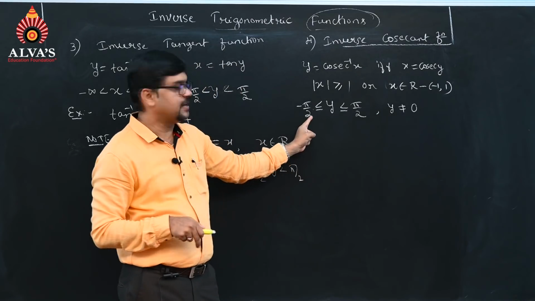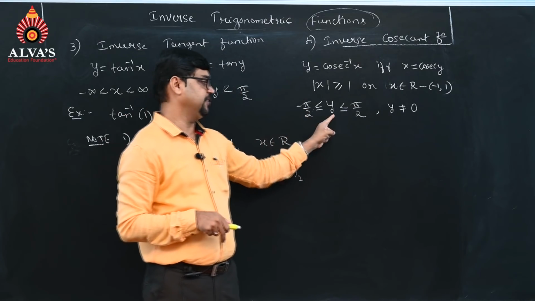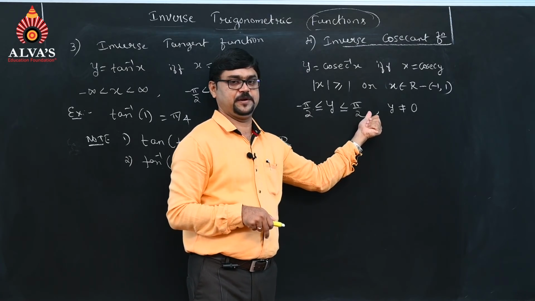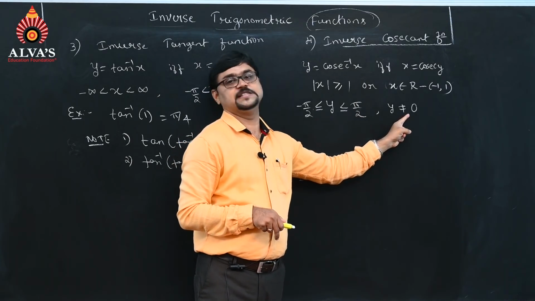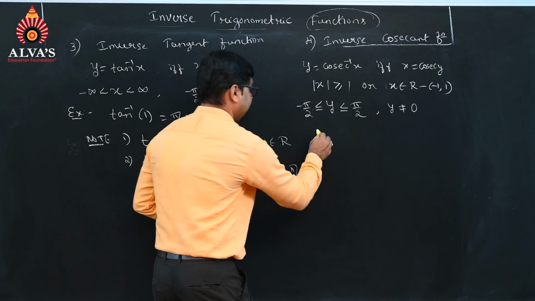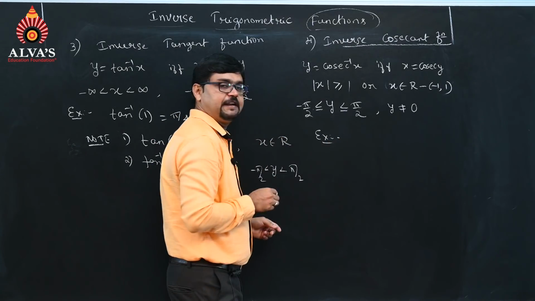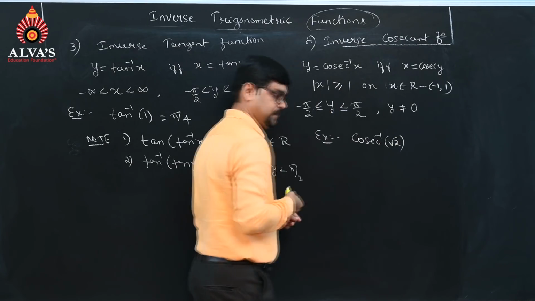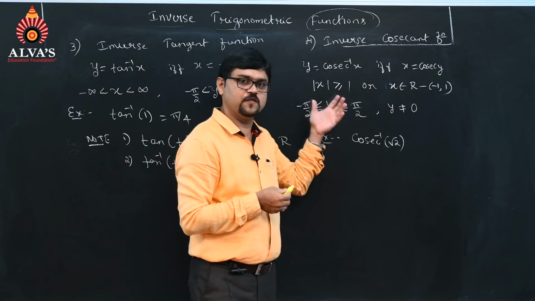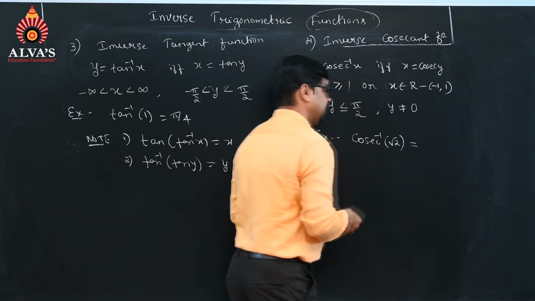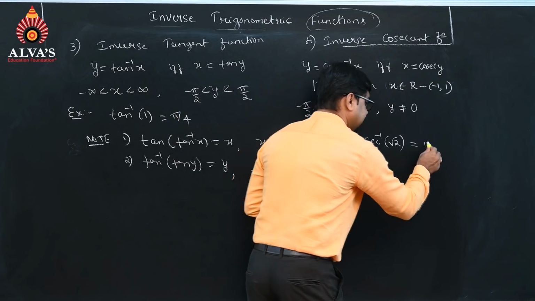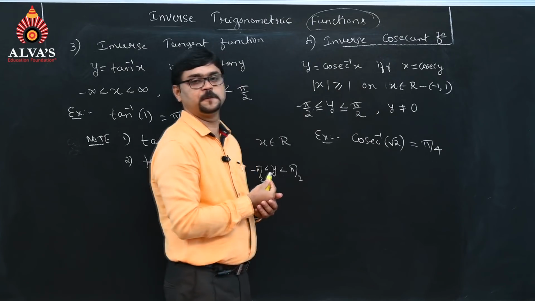Therefore students must remember that the range is the closed interval minus pi by 2 to plus pi by 2 except 0. If I take an example, cosecant inverse of root 2, it is the reciprocal of sine, so it will be sine inverse of 1 by root 2, which is pi by 4.